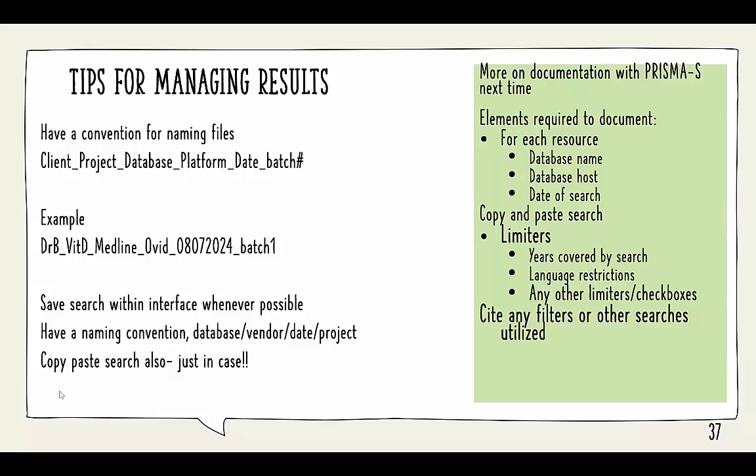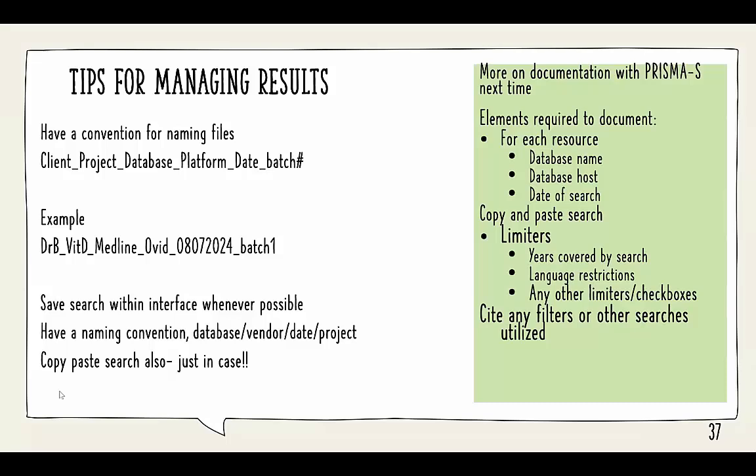So with my team, we have a convention for naming things, and this helps so that any of us can go into a folder and see results there if we need to. And in this case, I'm showing that we have batch numbers. That's because sometimes databases only let you download a certain amount at a time, and so we have found that we've got to put batch numbers in some of our searches.